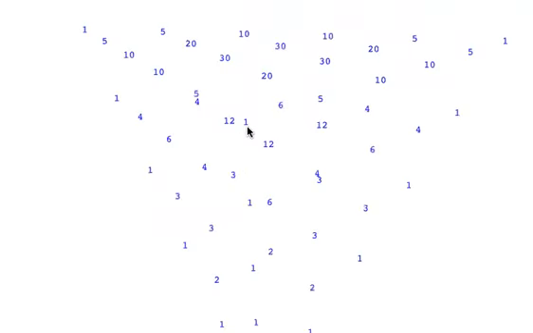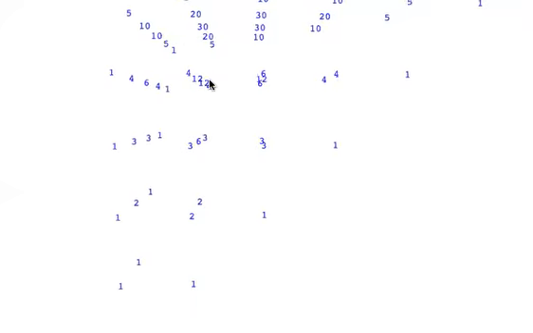This 12, let's look at this 12 right here. See how that 12 is obtained. Go straight down and notice there's a 6, and also as we go back this way there's a 3, and there's a 3. So 3 plus 6 plus 3 will give us that 12 right above it.